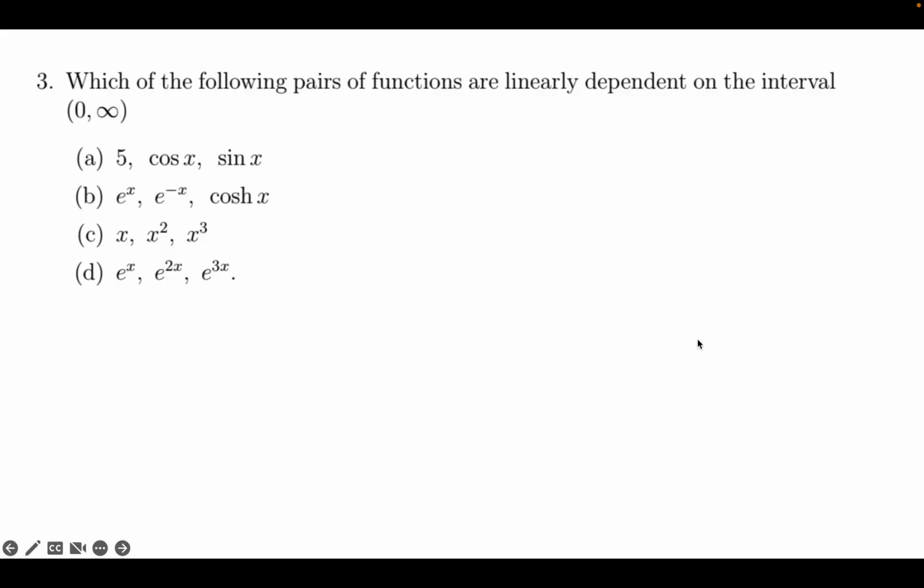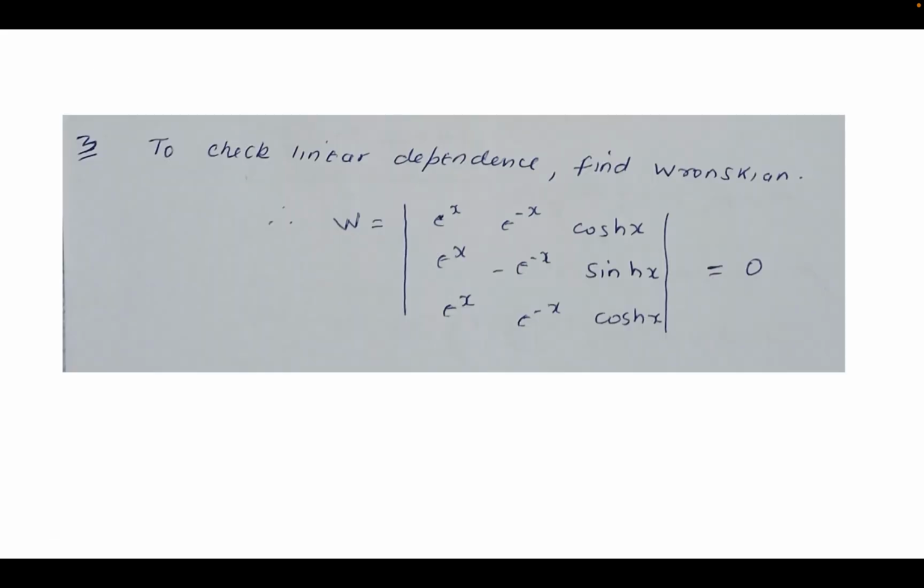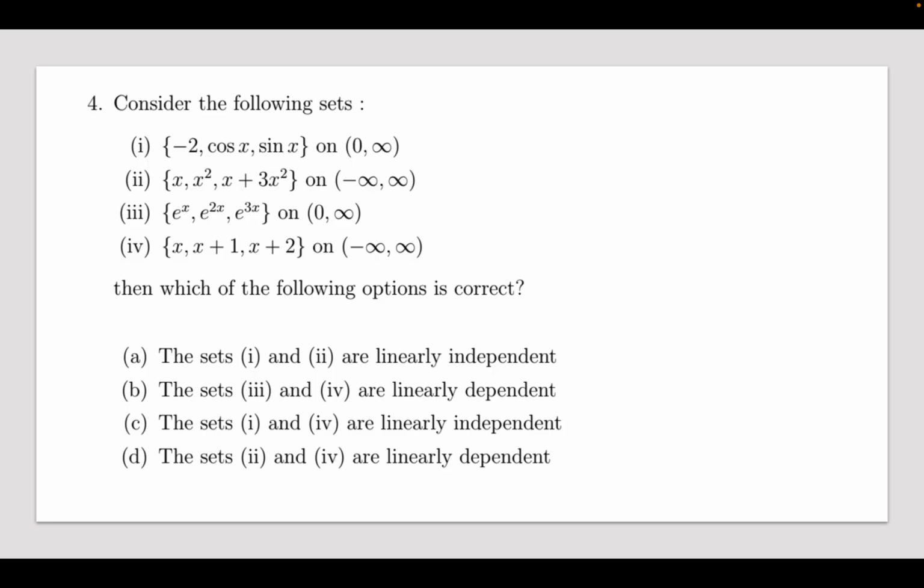I will move forward to question number 4. I have taken question number 4 as the same type of problem as question number 3. Again you are given four sets of functions, option 1, option 2, option 3, and option 4, each with three functions, defined on different intervals, right?